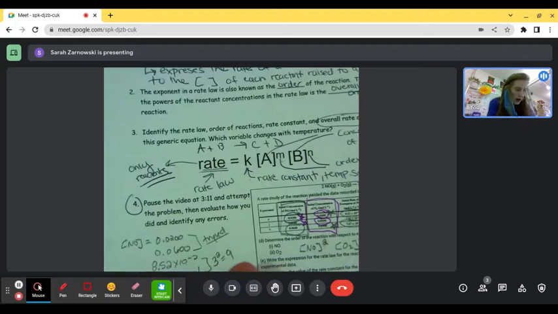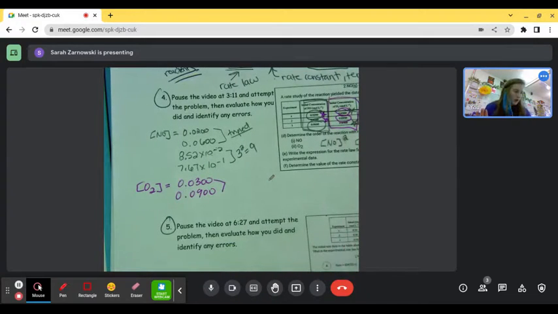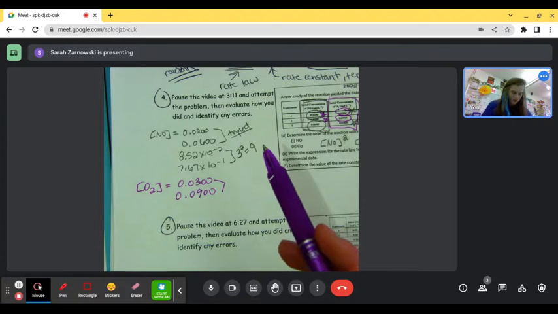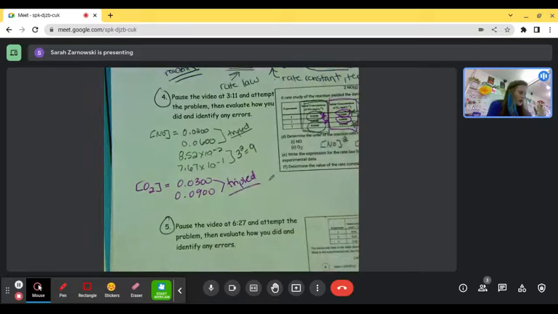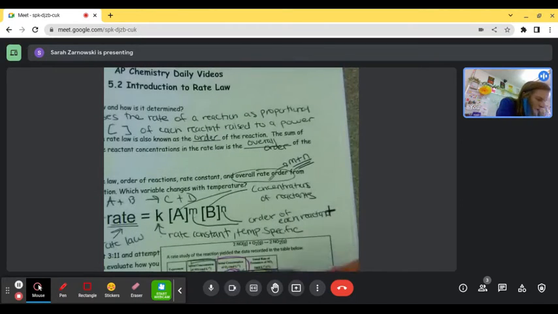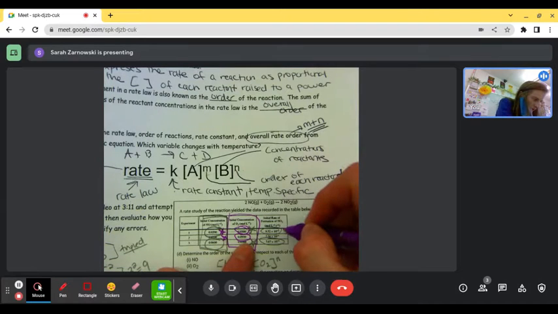Okay, so how do these... you can't even see that. Sorry. It goes from 0.0300 to 0.0900. So I would say that it tripled. Yeah, it tripled. Now I look at the rates. Again, it's for experiment 1 and experiment 2. So I'm going to look at these two rates right here.